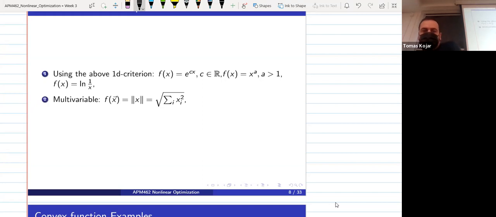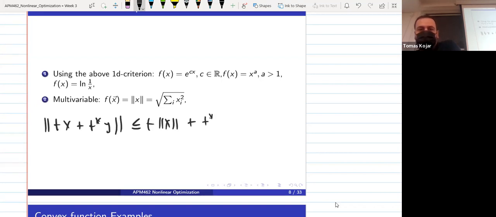So let's do it by hand. The claim is that the norm of tx plus (1 minus t) y is less than or equal to t times the norm of x plus (1 minus t) times the norm of y.